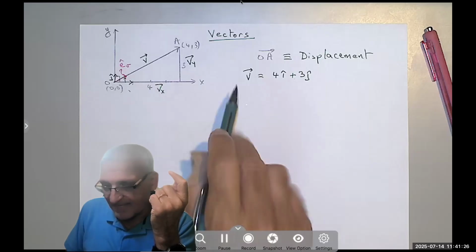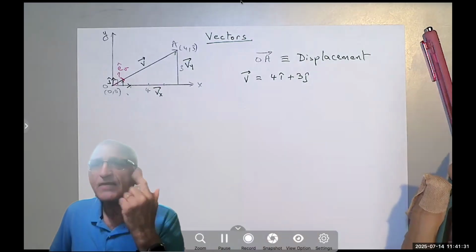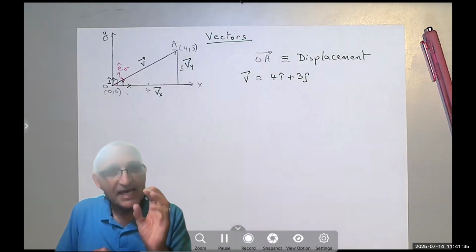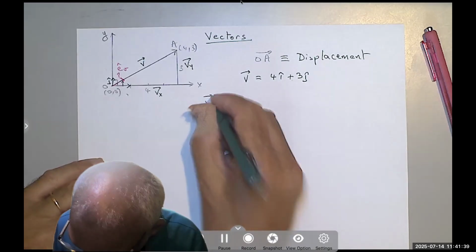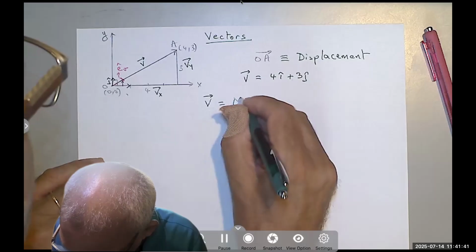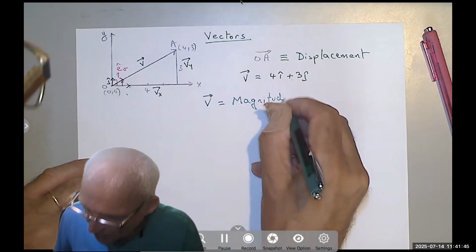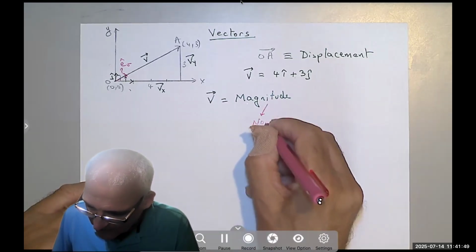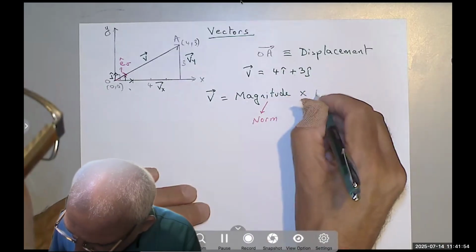How can I find the magnitude of V and how can I find the direction of V? From now on, instead of saying the vector is a magnitude and a direction, I'm going to say the vector would be represented as a magnitude, which we refer to as the norm of the vector, meaning its magnitude, times a direction.